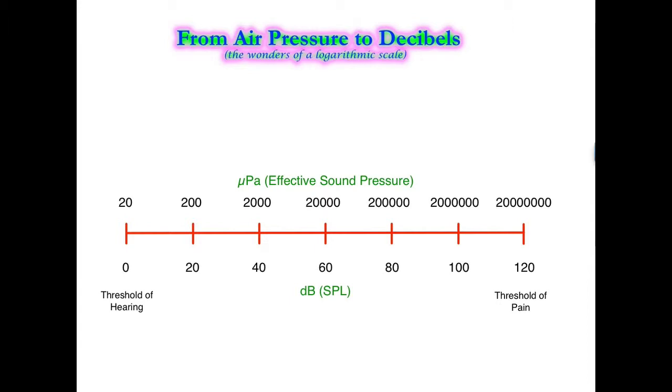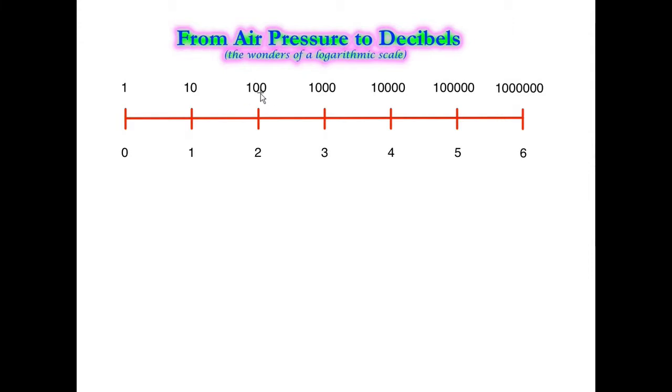So we'll now have a look at what a logarithm is. 100 can be written as 10 times 10, 10 squared. The log to the base 10 of 100 is 2. 1,000 can be written as 10 cubed, 10 times 10 times 10. The log of 1,000 is 3, and so on. So the log scale can be built up in this way.